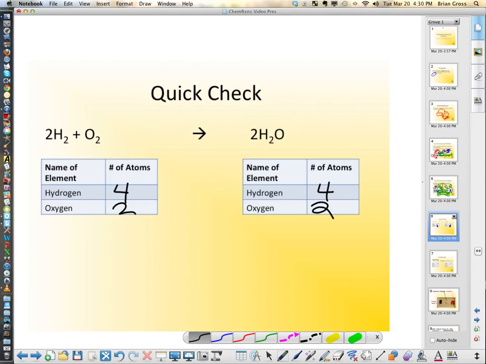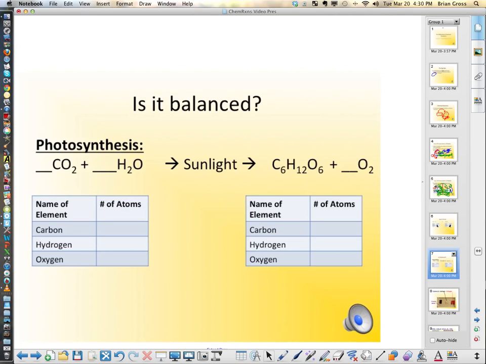So welcome back. You should have gotten 4 hydrogens and 2 oxygens on each side, which is 6 atoms on each side of the equation. Now we're going to move on to photosynthesis, and we want to find out how to balance this.